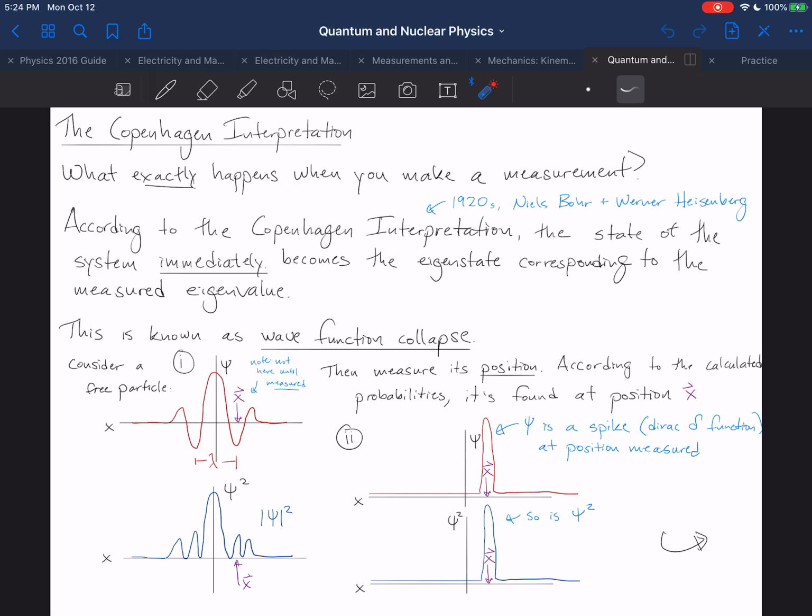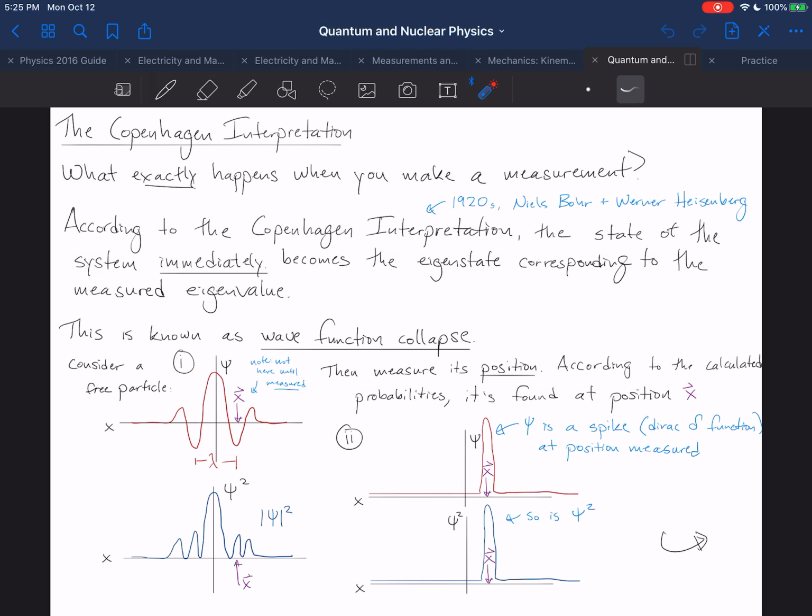Before I move any further, I'm going to explain what is called the Copenhagen interpretation. At this point, we are reasonably clearly into the philosophical interpretation of what this wave function is and what is happening with the wave function when you make a measurement. This is the most common interpretation, the one most commonly taught in quantum mechanics.